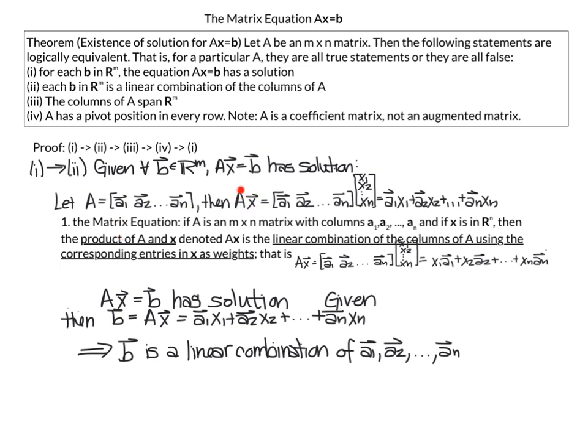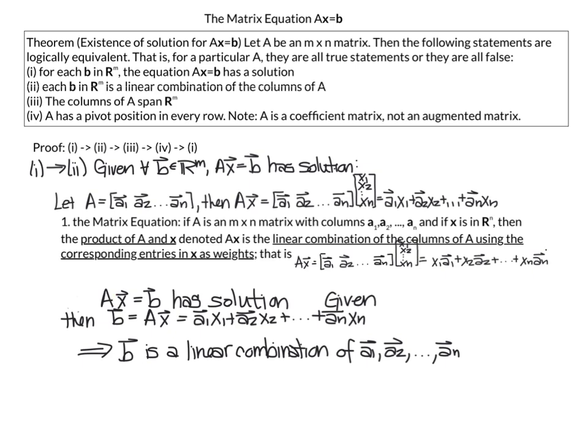Then A times X, by our definition of matrix-vector multiplication, is equal to the linear combination: the vector A1 times X1, plus the vector A2 times X2, up to the vector AN times XN. Again, that's just using our definition of matrix-vector multiplication.